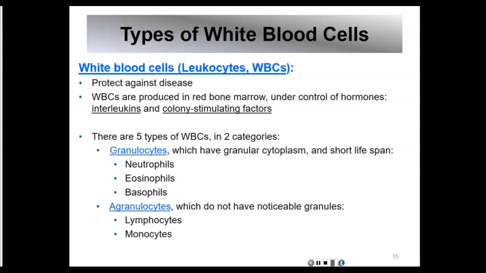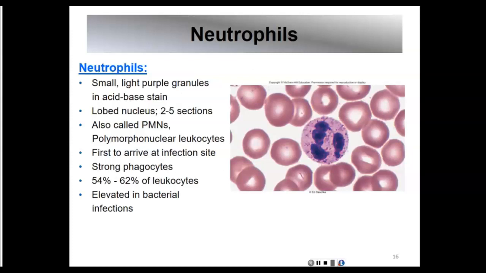Let's look at them. We're going to start with granulocytes, and the first one is a neutrophil. A neutrophil has small light purple granules in a stain. What's unique about it is there are 2 to 5 sections of the nucleus. They're also called PMNs, polymorphonuclear leukocytes.